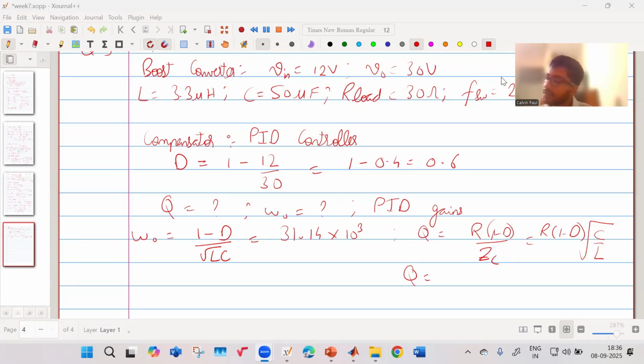Your Q is 46.71. Not ohm, it's just 46.71. Will this system be underdamped, overdamped, or critically damped?